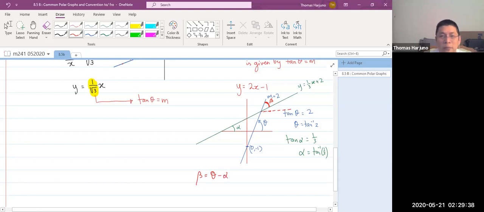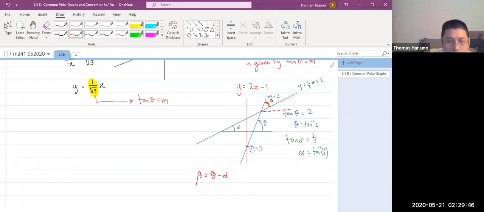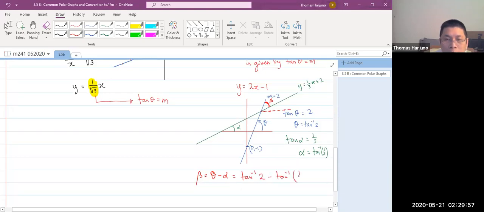So if somebody asks you what is the angle between this line and that line, you take the tangent inverse of the slopes and subtract them: tangent inverse of 2 minus tangent inverse of 1/3.